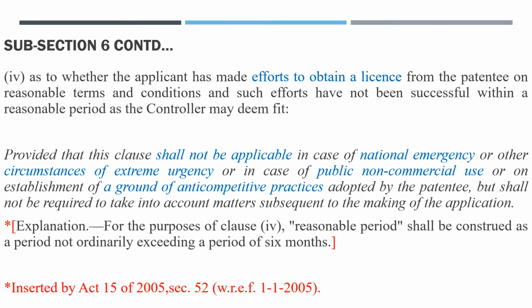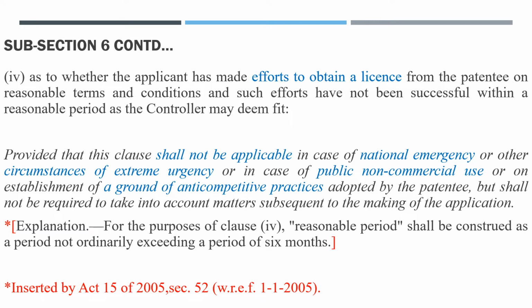Clause number 4 can be explained like this, just listen carefully. The reasonable period is fixed to 6 months so as to eliminate the possibility of dragging the voluntary negotiations by the patentee.